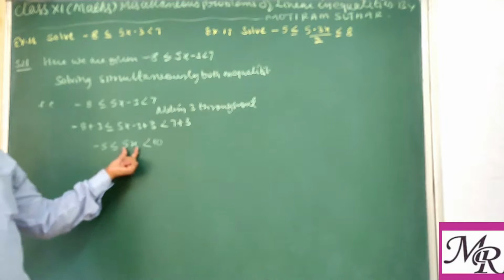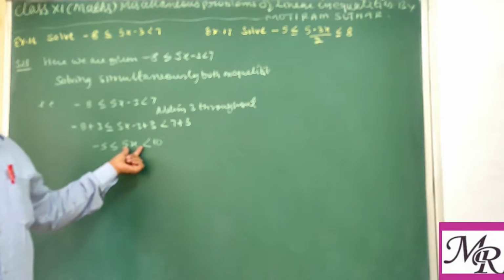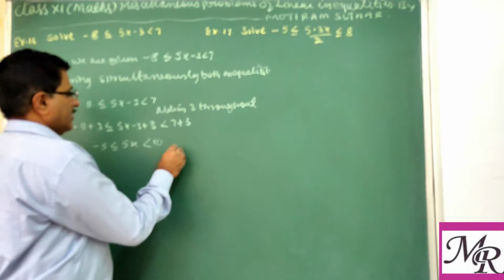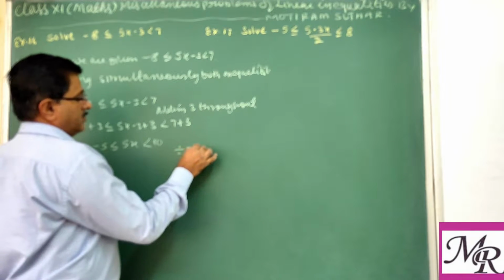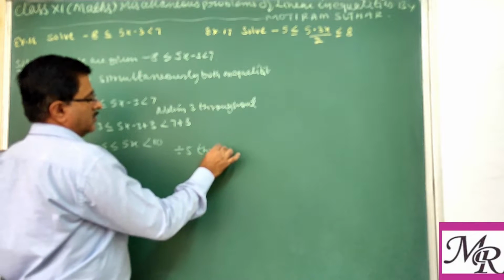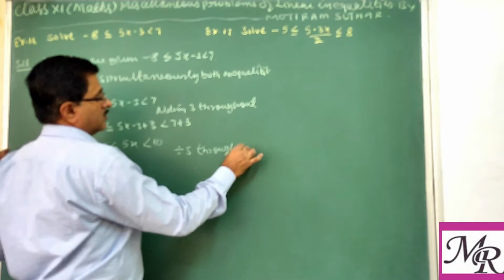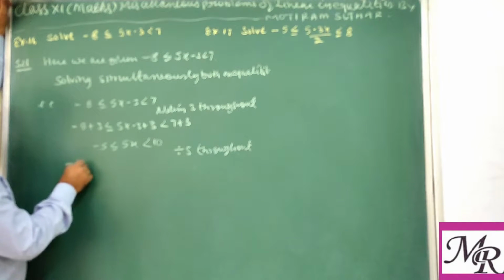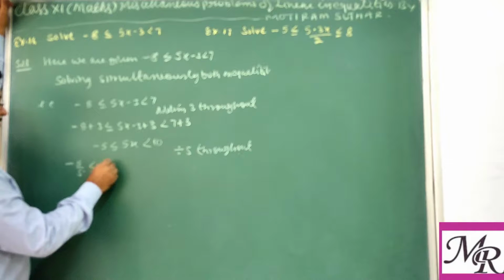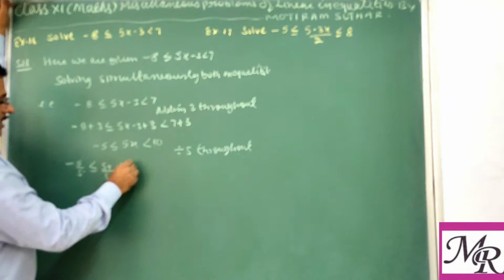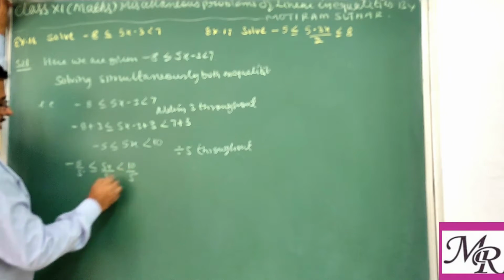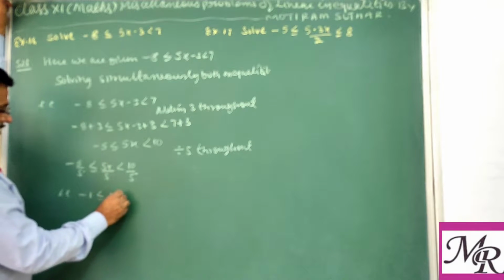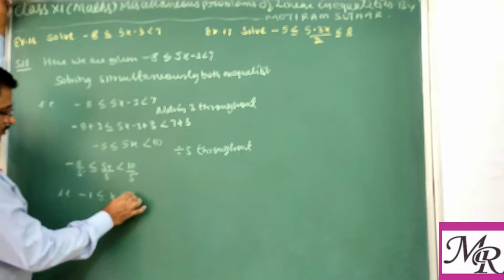Now we have to remove the coefficient of x, which is 5. So we divide throughout the inequality by 5. So -5 upon 5 less than or equal to 5x upon 5 less than 10 upon 5. Finally we get -1 less than or equal to x less than 2.